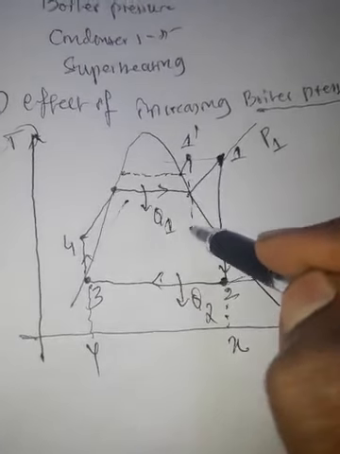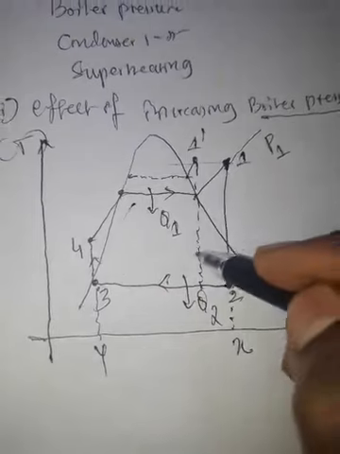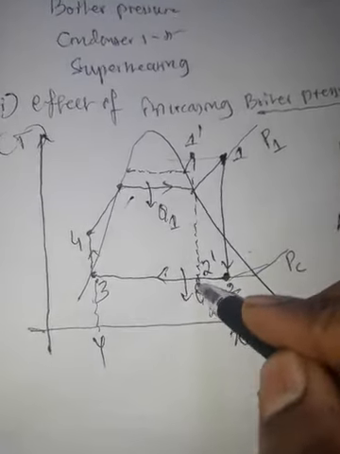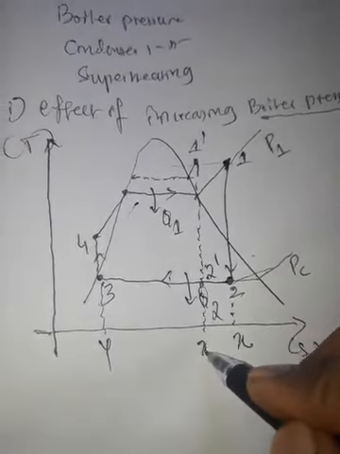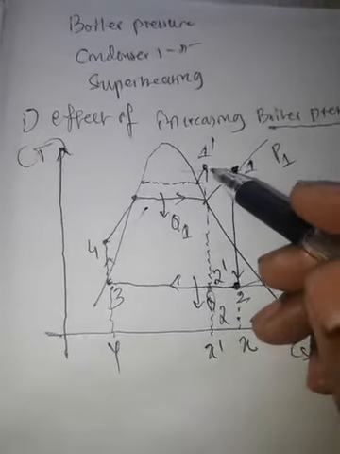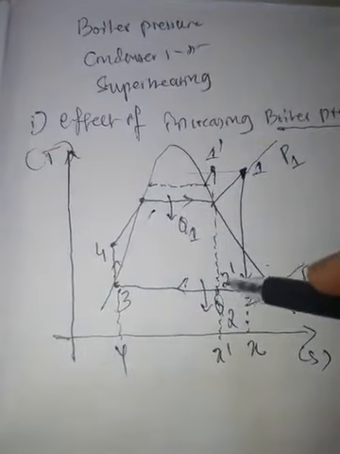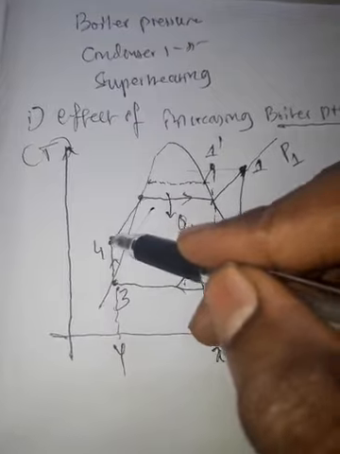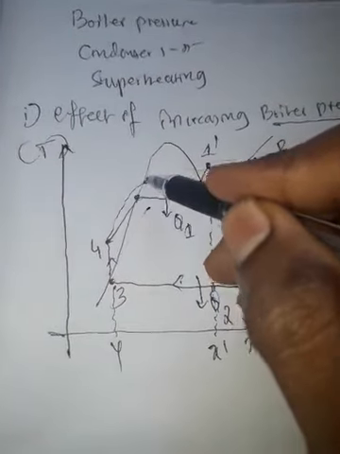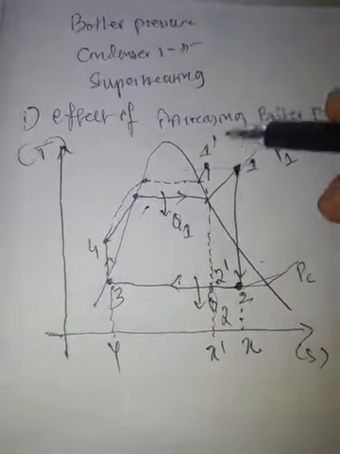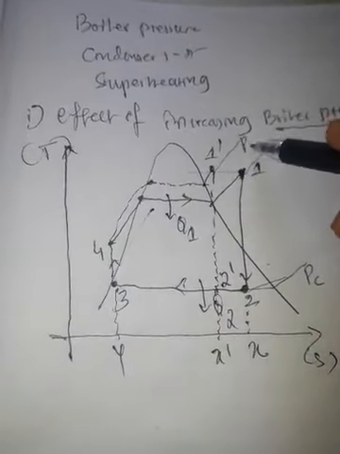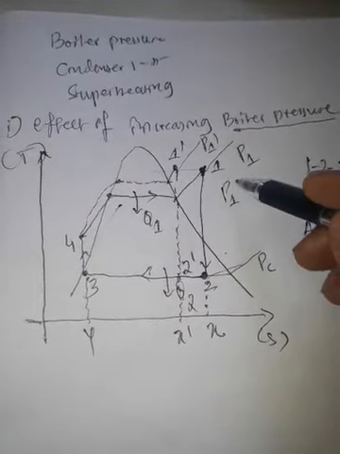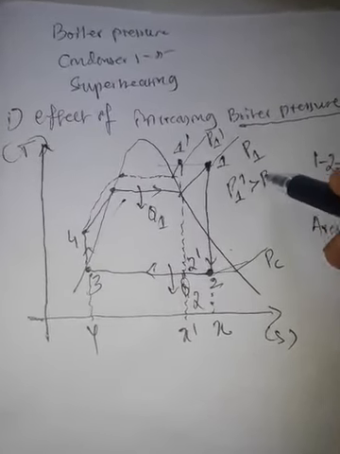This is our new point 2 dash, and here I'll get x dash. So then 2 dash to 3 is condensation, 3 to 4 is pumping, so 4 to 1 dash, this is the new saturation line, this is the new pressure line P1 dash, but P1 dash is greater than P1.